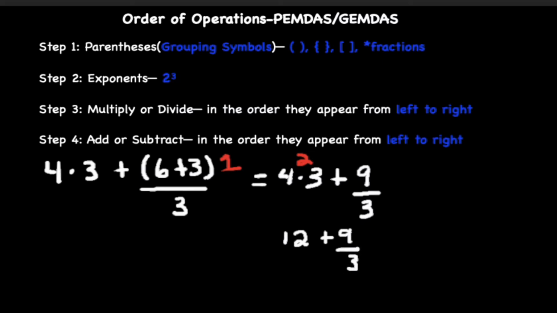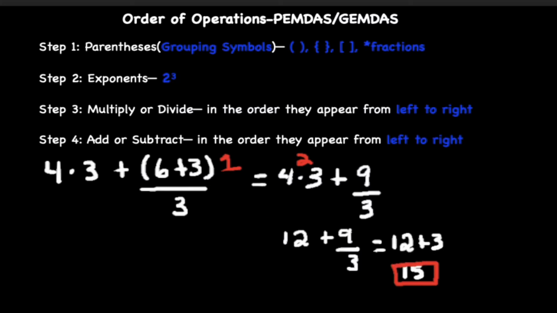Now our next step is to divide. Let's bring down the 12. So we have 12 plus 9 divided by 3 is 3. And 12 plus 3 is equal to 15. That's our final answer for this problem.